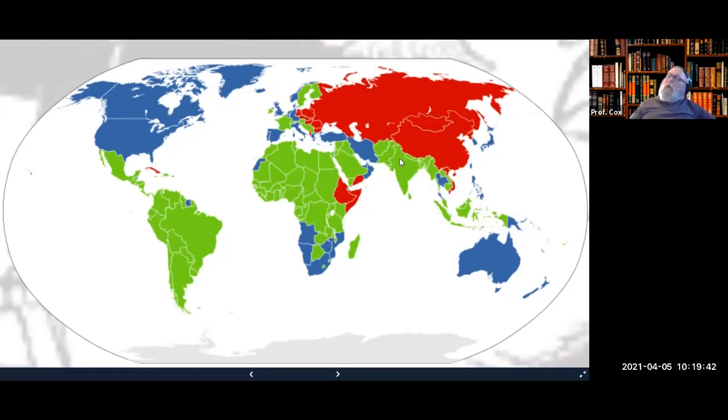And so what Nehru did was he proposed a third alternative called the non-aligned movement. The non-aligned movement, what it means is that these countries are not aligned with either the Soviets or the Americans.